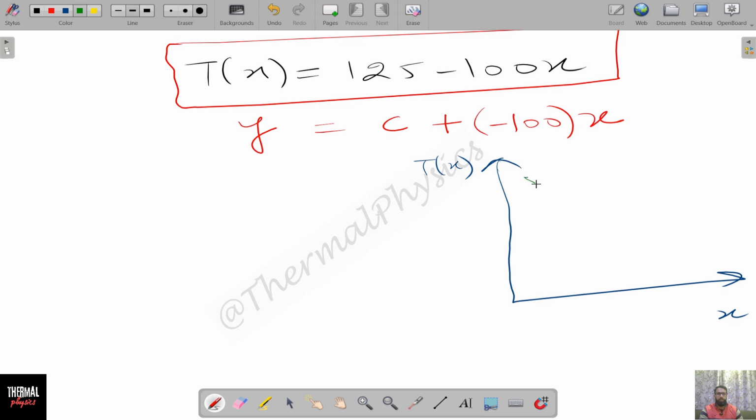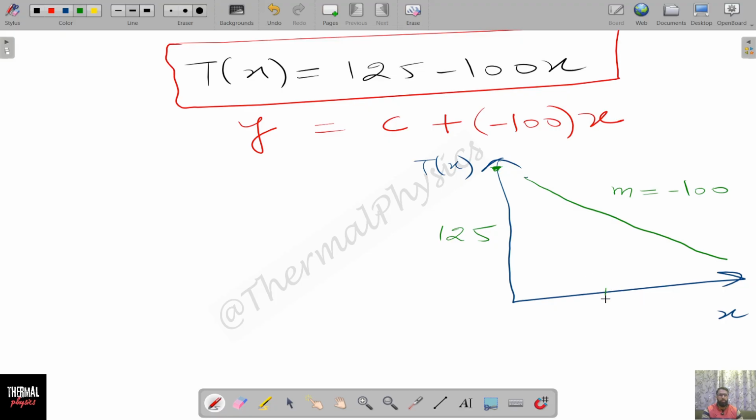So the temperature will be varying like this, and here slope is minus 100, and the intercept, where it touches this axis, which is C, is 125. So it will be coming from 125 and decreasing in this manner.